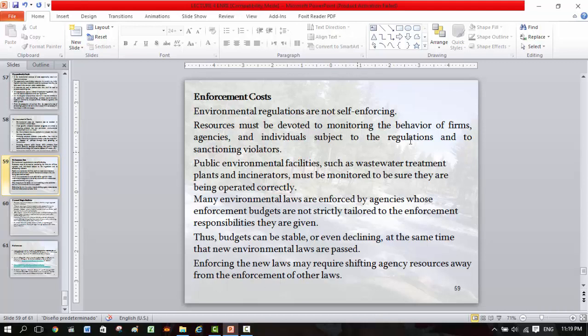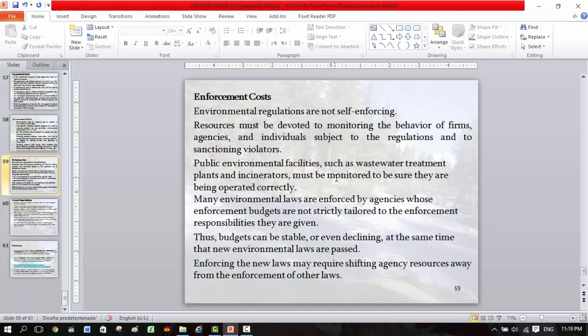Public environmental facilities such as wastewater treatment plants and incinerators must be monitored to be sure that they are being operated correctly. Similarly, many environmental laws are enforced by agencies whose enforcement budgets are not strictly tailored to the enforcement responsibilities they are given. Thus, the budgets can be stable or even declining at the same time that new environmental laws are passed.